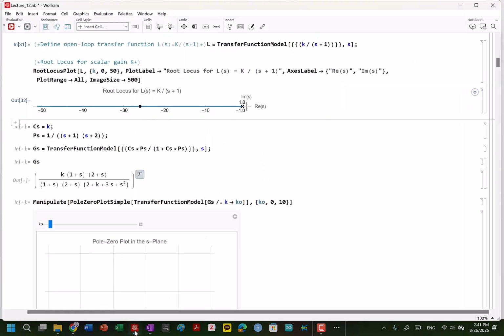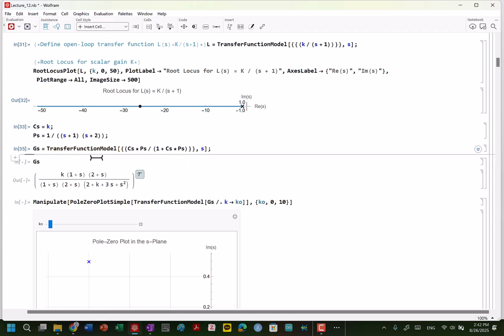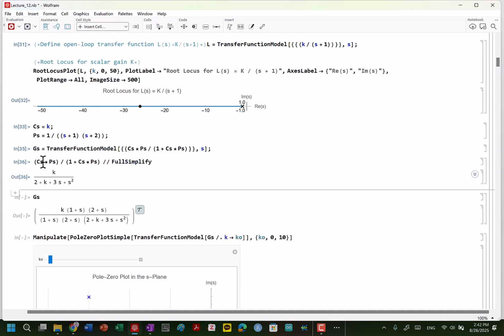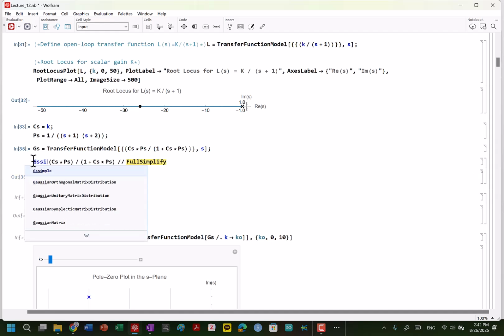I always like to set this up in Mathematica. So this is our C of S, our G of S transfer function model. I would suggest taking this out, putting it here, and let's start to simplify. I would take this, do a FullSimplify, and define it as G as simple.